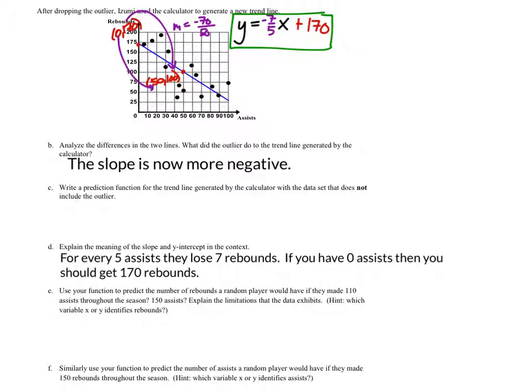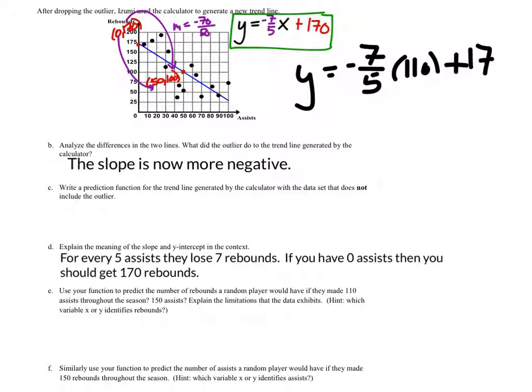E, use your function to predict the number of rebounds a random player would have if they made 110 assists. Assists are the X, so let's do that one first. Explain the limitations that the data exhibits. We'll get to that. So, we got 110 assists throughout the season. In this equation, negative 7/5 times x, which in this case is 110, plus 170.